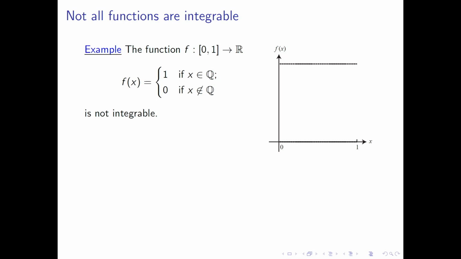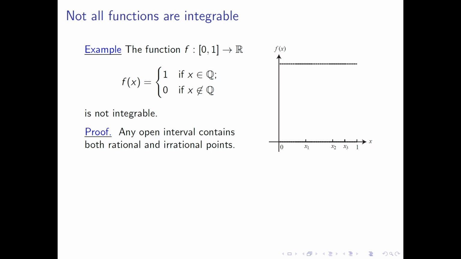Okay, so I claim that's not integrable. What I need to consider is minorants and majorants for it. So consider any partition of this interval [0, 1], x0 up to xn.